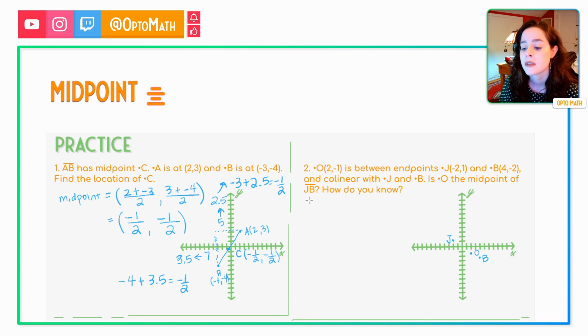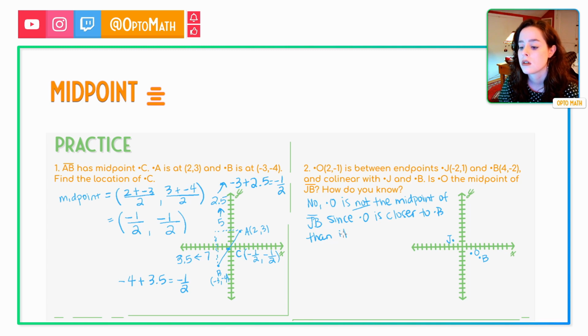We already know that no, point O is not the midpoint of segment JB, since point O is closer to point B than it is to point J. But we could also check to see if it works with the midpoint formula.